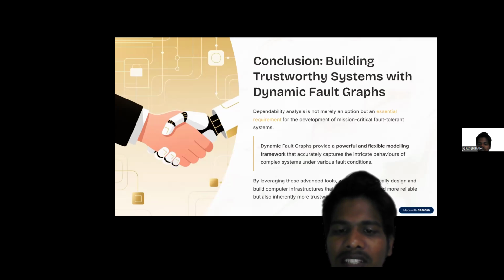By leveraging these advanced tools, we can systematically design and build computer infrastructures that are not only safer and more reliable, but also inherently more trustworthy. Thank you.